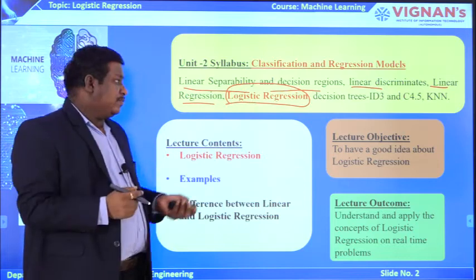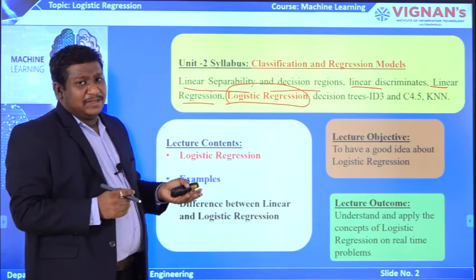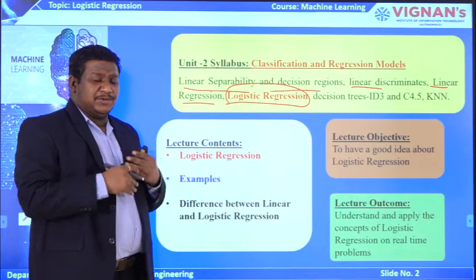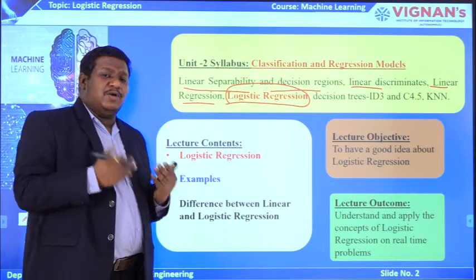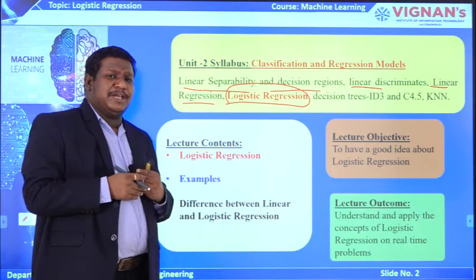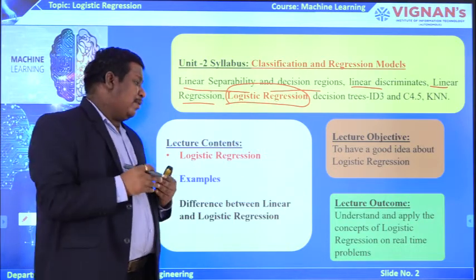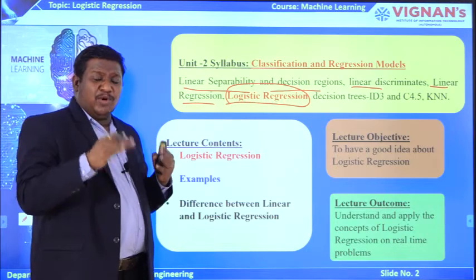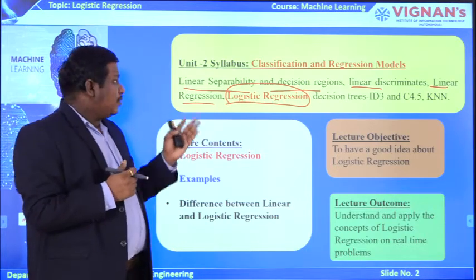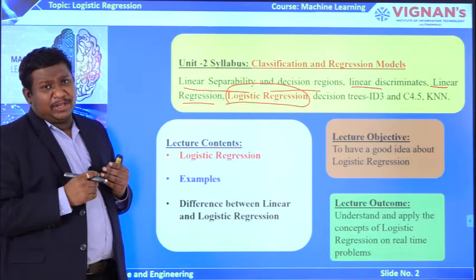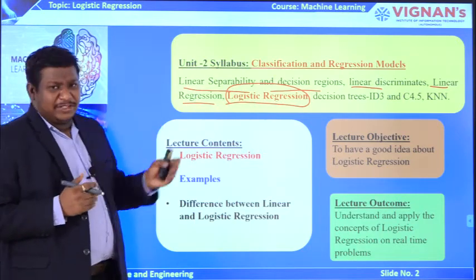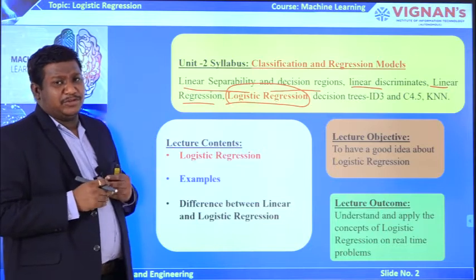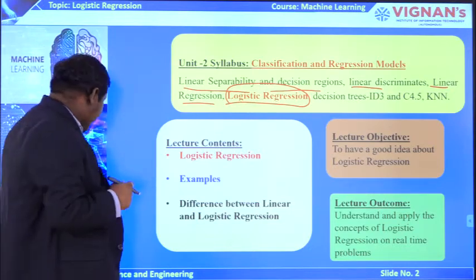The outcome of this lecture is that the student gains better knowledge about the types of regression models, understands how logistic regression can be implemented on a real-time problem, and understands the main differences between linear regression and logistic regression. Okay, let us go deeper.